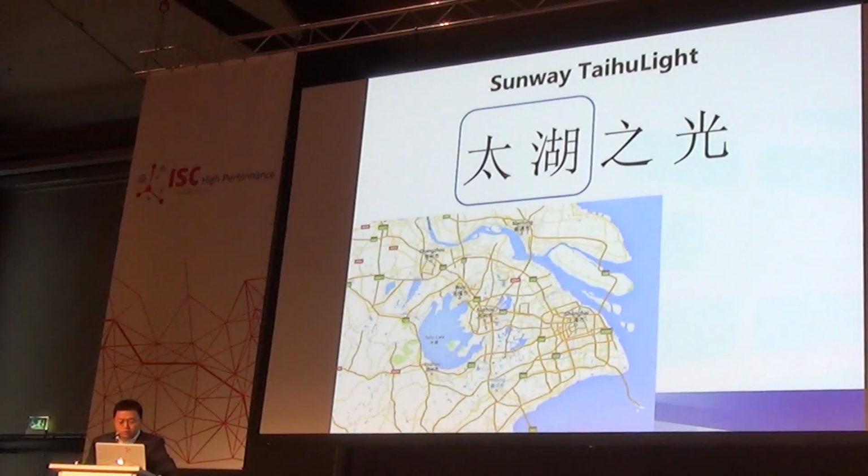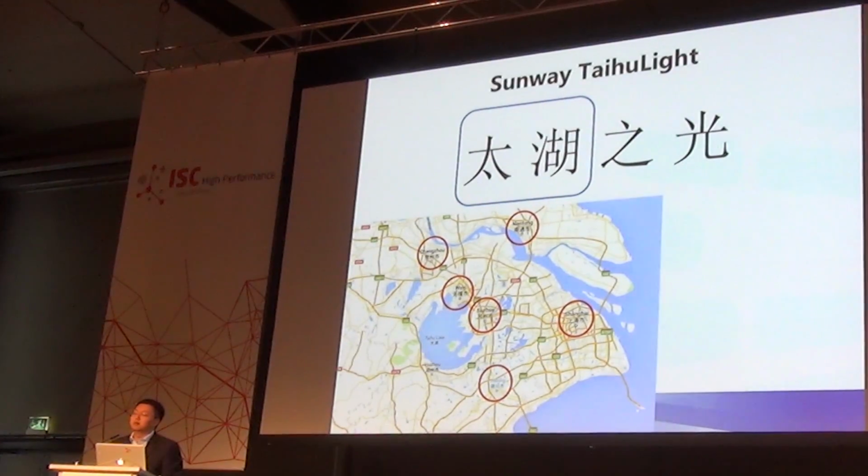This is traditionally one of the most developed areas in China. I've pointed out a number of major cities here. The city of Shanghai is very close, and around the lake you see the cities of Changzhou, Wuxi, Suzhou, and a bunch of others. If you do business with China, you probably know these cities.